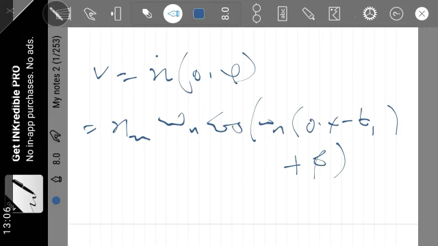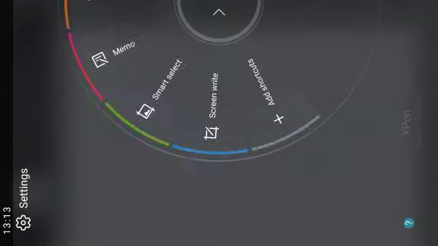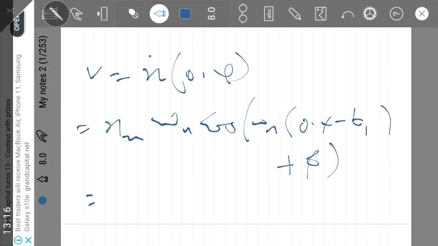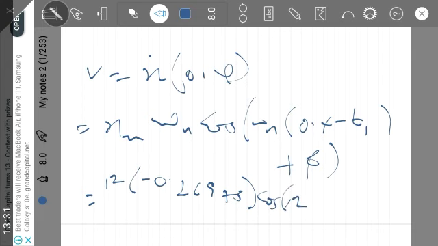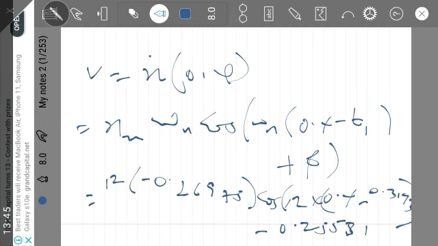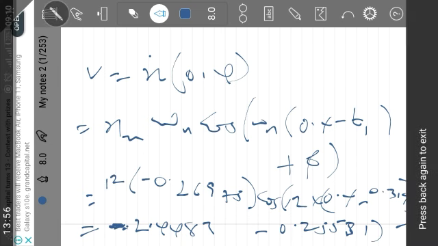If I put every value into this equation, we have 12 times minus 0.26975 cos of 12 times 0.4 minus 0.1393, minus 0.25531, and everything turns out to be minus 2.448 meters per second.